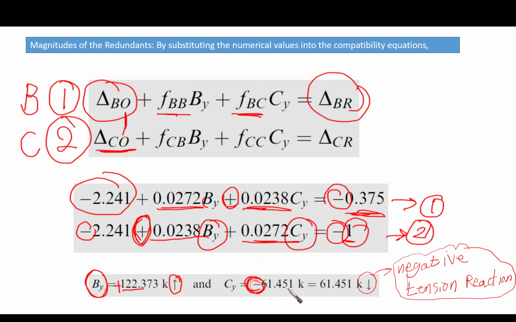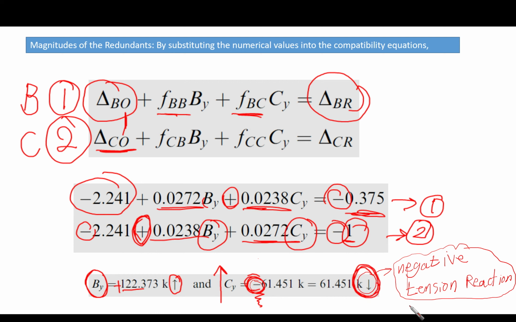This means what? The assumption that we made before, if you go back, was that CY was going up. But we found that it gives us a minus in the magnitude at the final calculation. This means that our direction should be reversed. CY should not be up, it should be down.